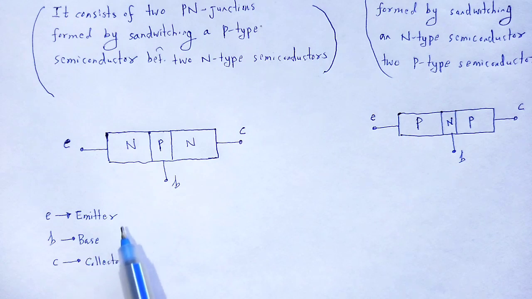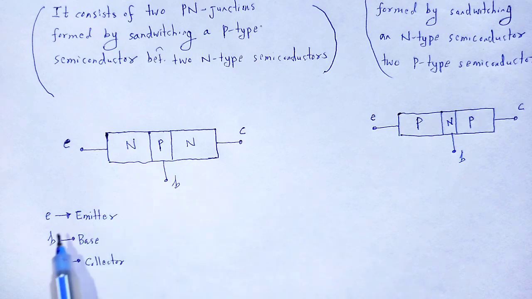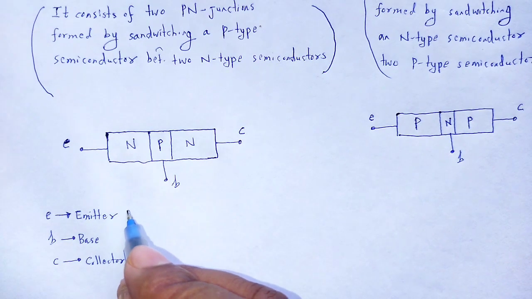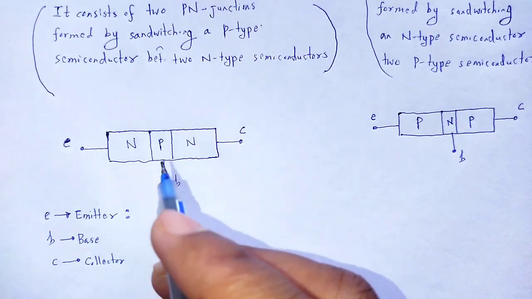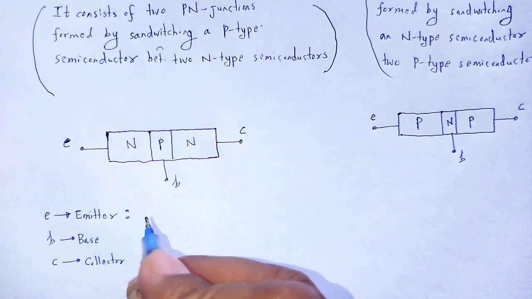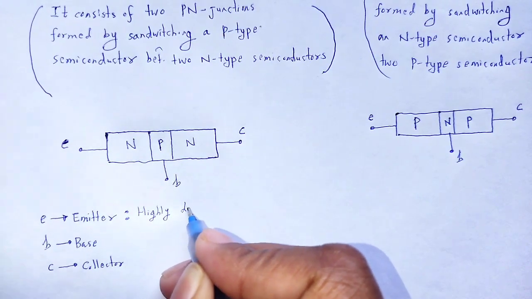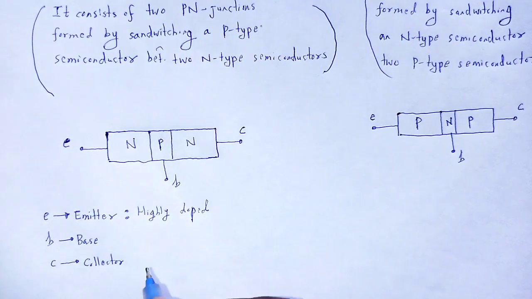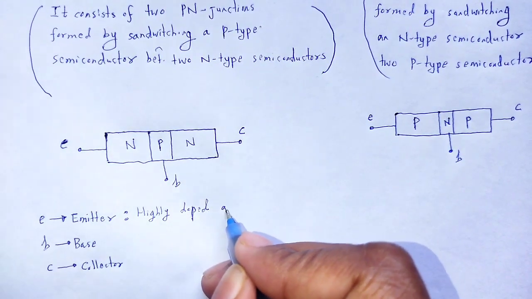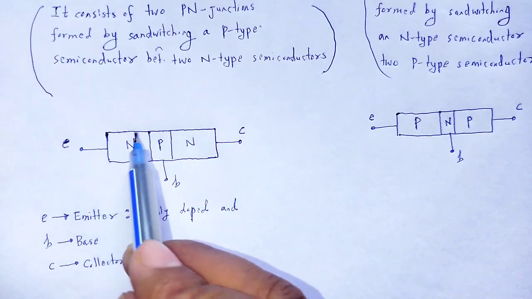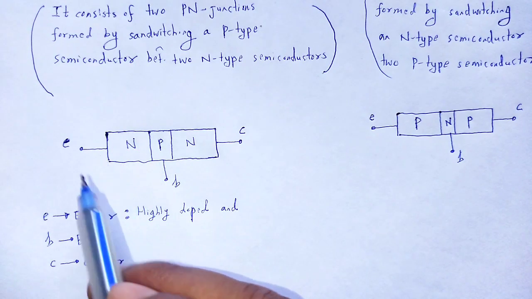The emitter, base and collector we can classify on the basis of their doping concentration as well as thickness. The emitter is highly doped, and its thickness is wider.